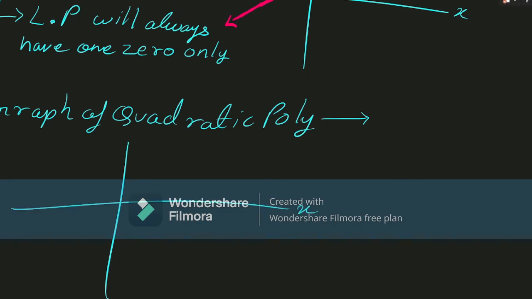This is the x-axis, this is the y-axis, and suppose I draw a graph and I solve the polynomial and I get some values which form a shape like this.